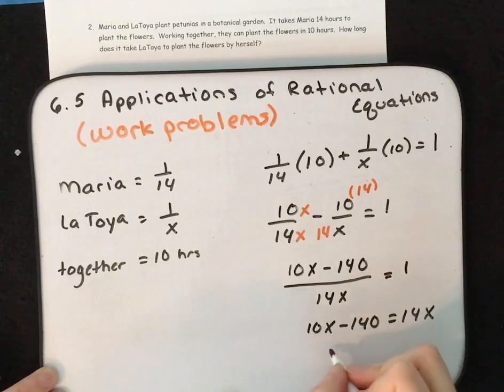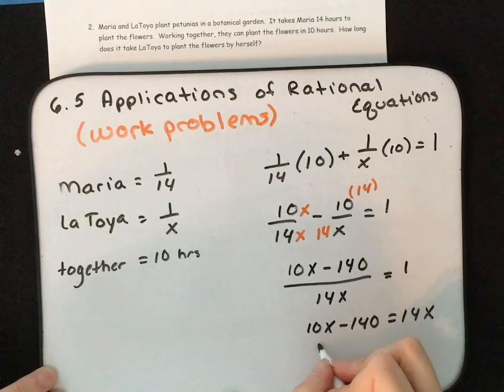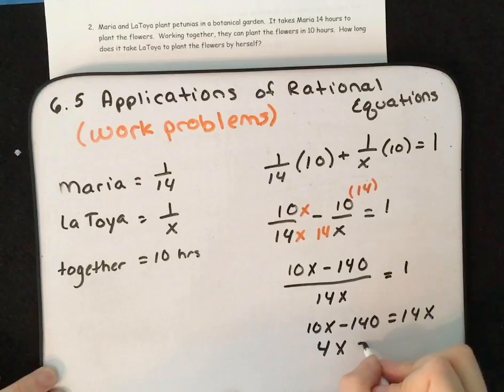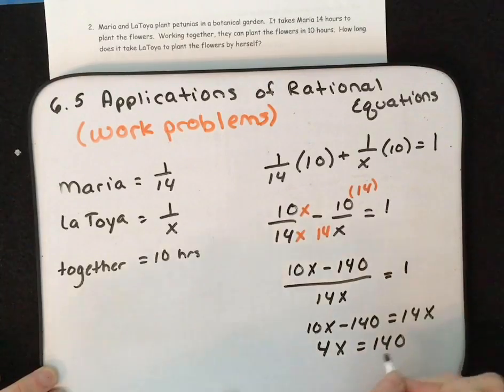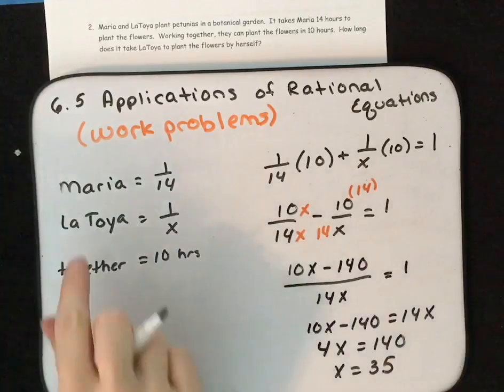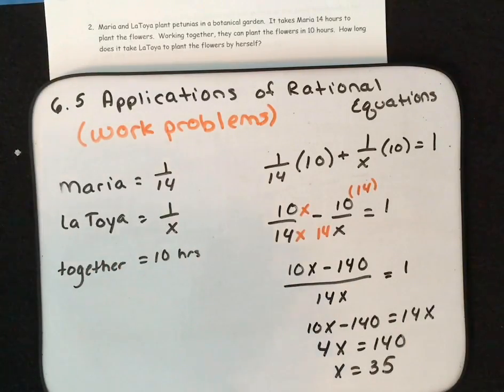Move our 10x over, that'll give us 4x equals 140, which gives us x equals 35. So what does that mean? That means that Latoya's rate was 1 over 35, which means that it would take her 35 hours to complete the task by herself.